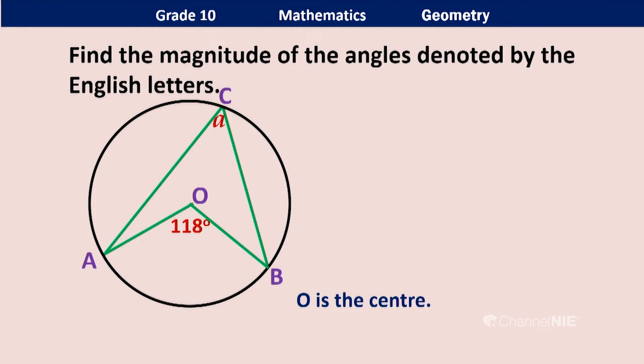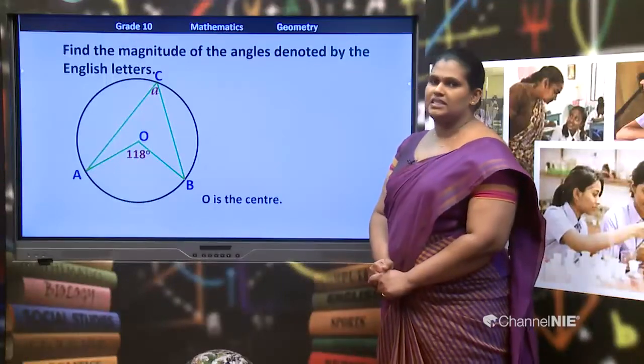Now, here I can see AOB angle is equal to 118 degrees, and I can observe AOB is the angle subtended by the minor arc AB at the center of the circle. And at the same time, I can observe ACB is the angle subtended by the same minor arc AB at the remaining part of the circle.